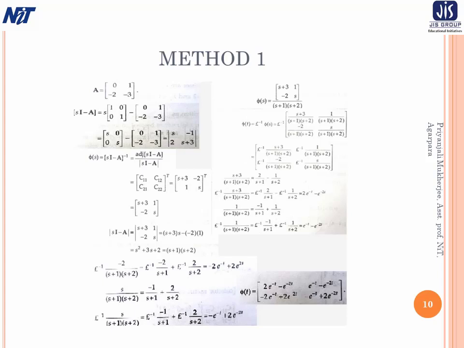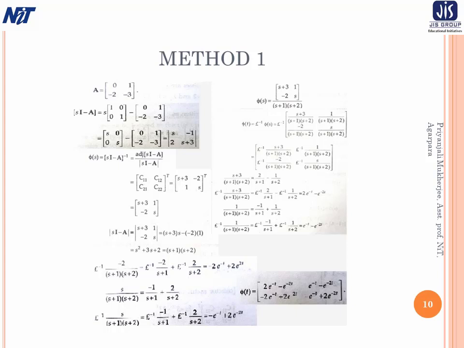Let us consider the first method, where we apply (sI minus A) inverse and then take the Laplace inverse of this. Here one example has been taken where the system matrix A is [0, 1; minus 2, minus 3], and we have to find the state transition matrix for this given matrix A. First we will find the determinant of (sI minus A) and (sI minus A).